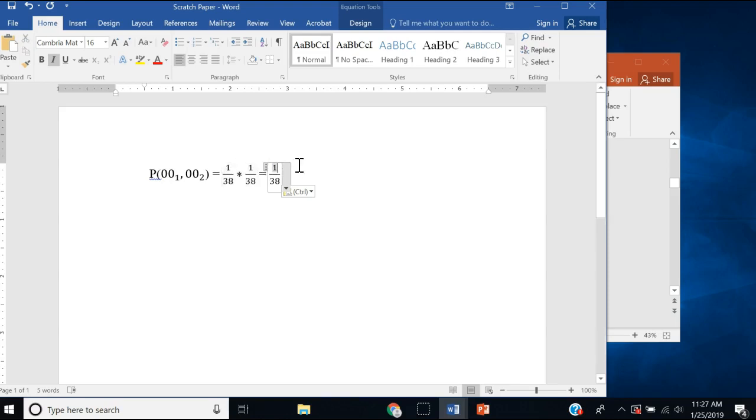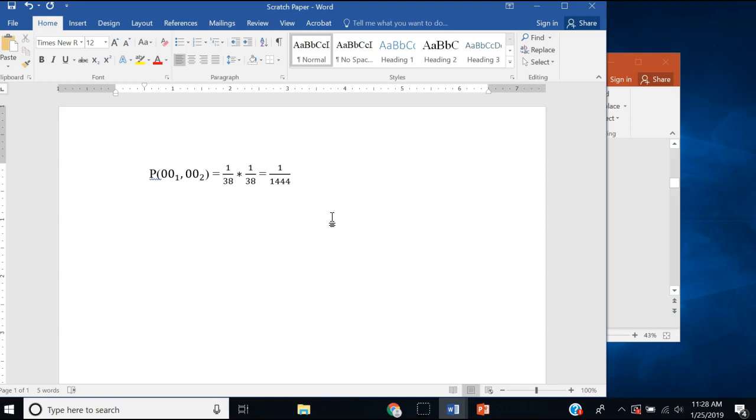Hopefully you remember how to multiply fractions. 1 times 1 is 1. 38 times 38 is 1,444. So the answer would be 1 over 1,444. Okay, so that is the probability of rolling double zeros twice in 2 rolls on the roulette wheel.